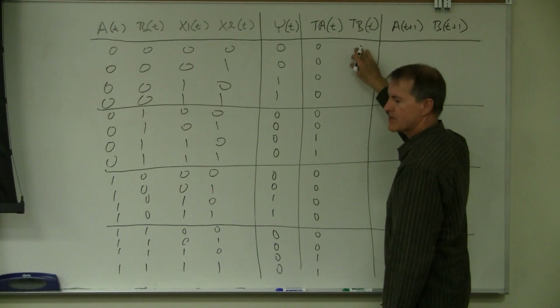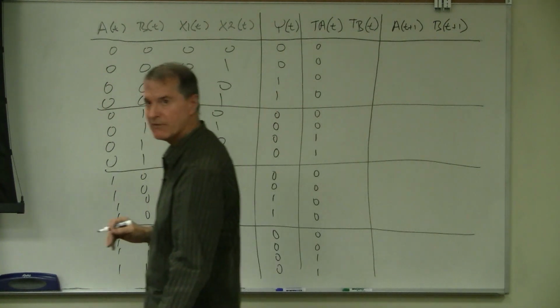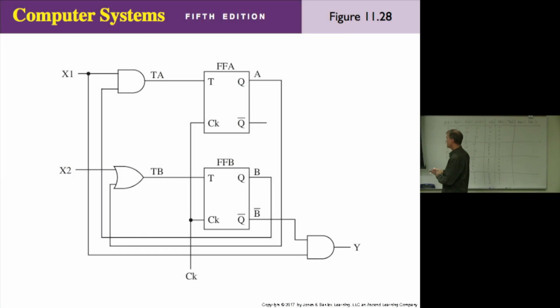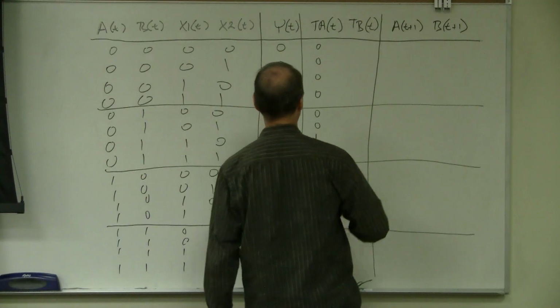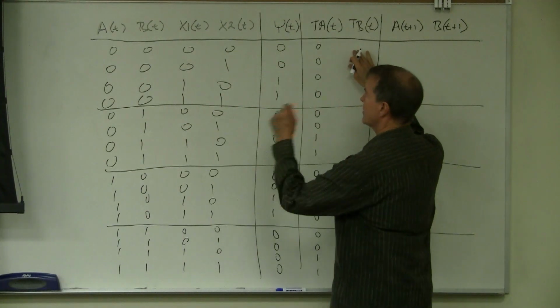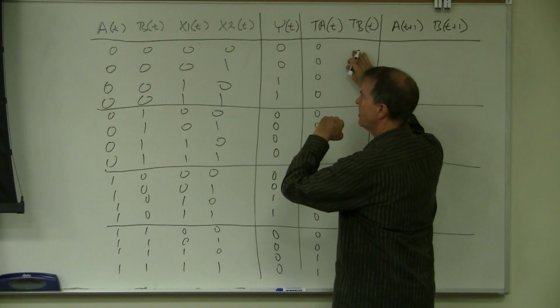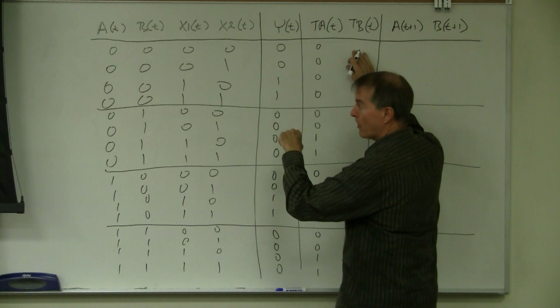And now what is TB? What is the TB function? How does TB work? Here's an OR gate, so we follow this around, and it's X2 or A, right? From the circuit, which is given. Analysis, given the circuit. So now with this column, we have to look at X2, but it's OR.